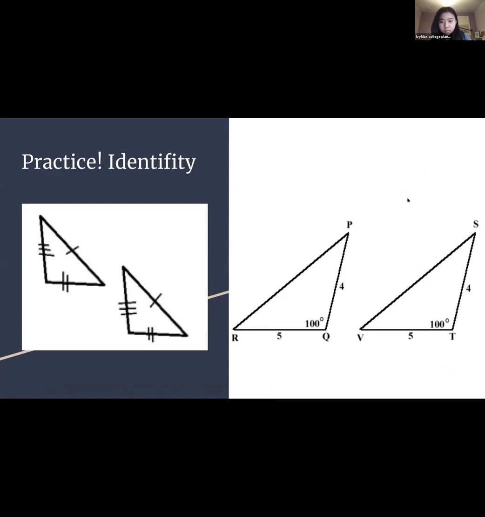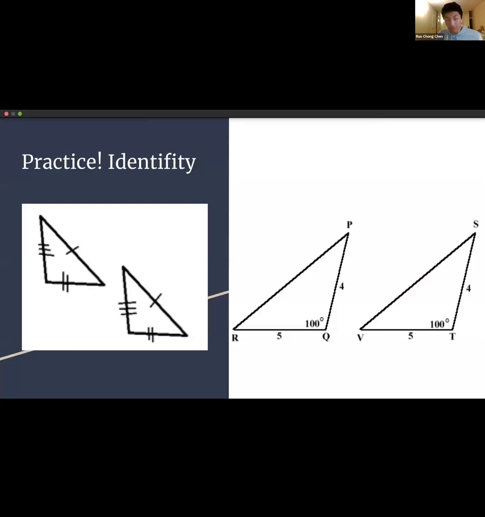Okay, so let's see. Roger for the second one. For the second one, we can easily see that they both have two sides, one of which is 5 and the other is 4, and the angle between them is the same, they are both 100 degrees.